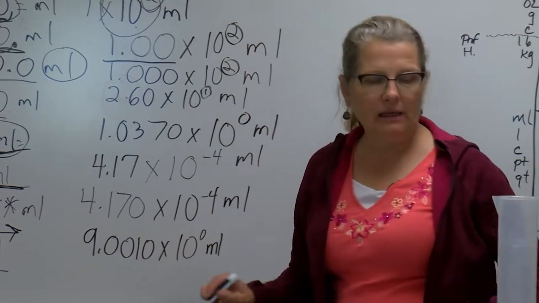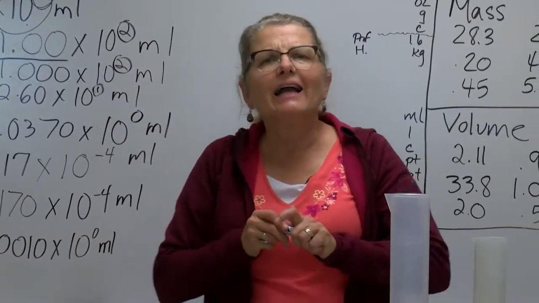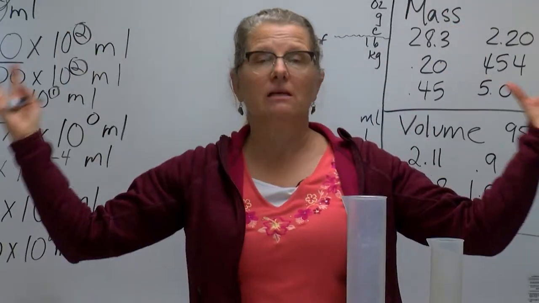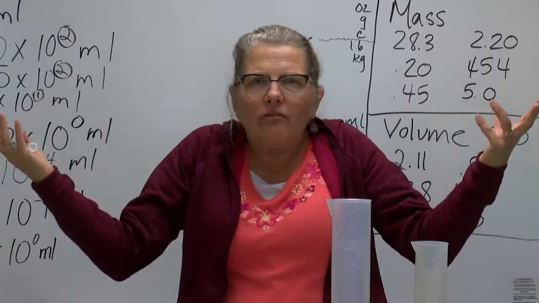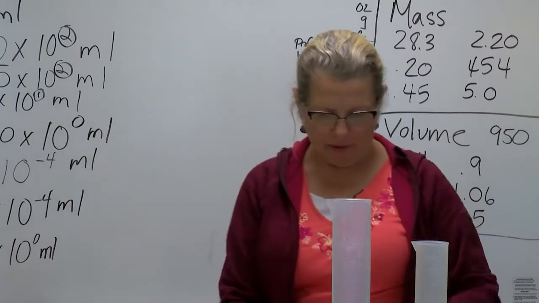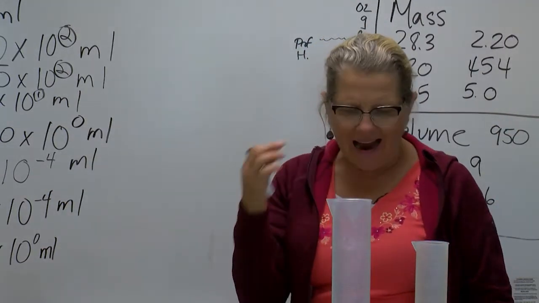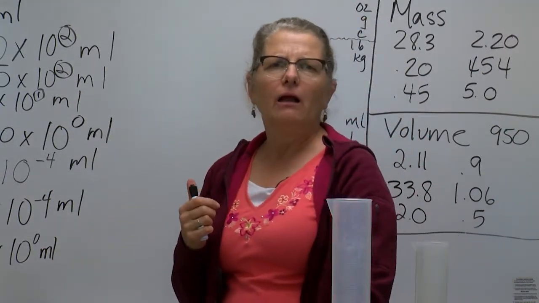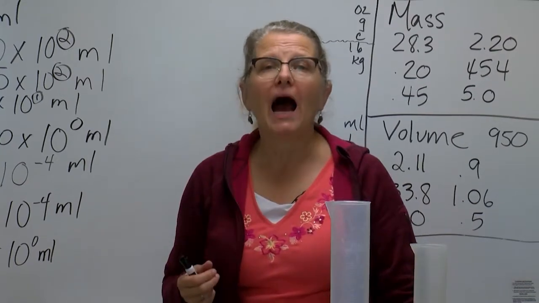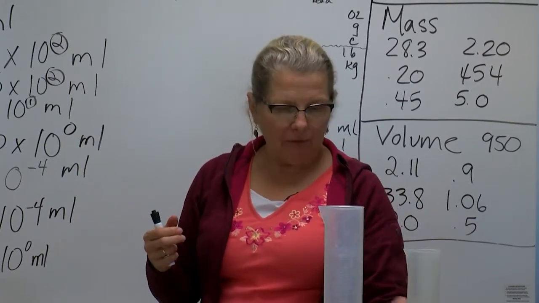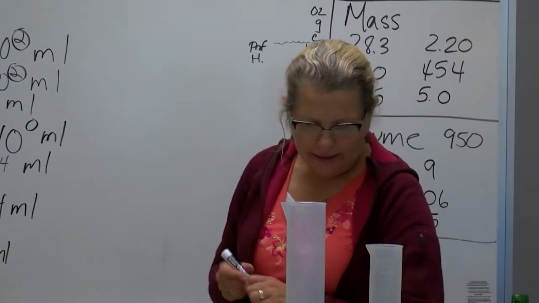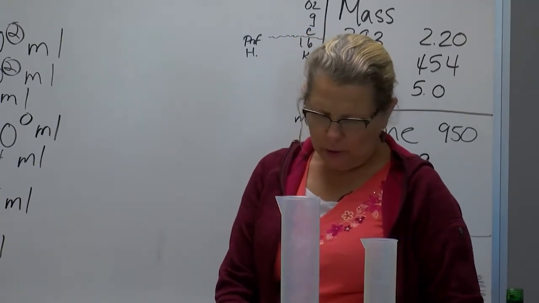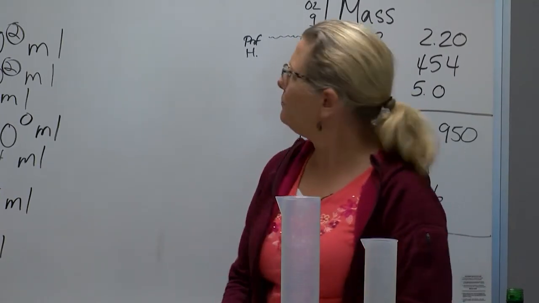Now, why do we need scientific notation? In science, we deal with massive numbers. Like the weight of the earth is just a massive number. In science, we deal with tiny numbers, like the mass of an atom of water. The mass of an atom of water has 23 zeros in it.